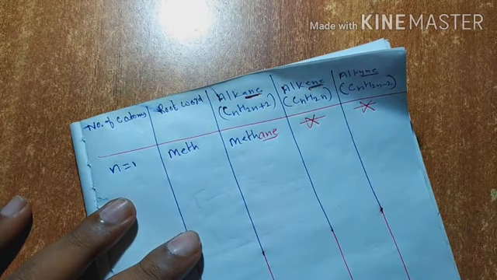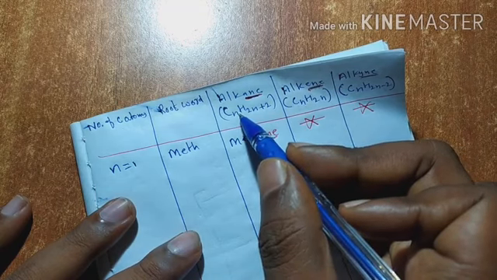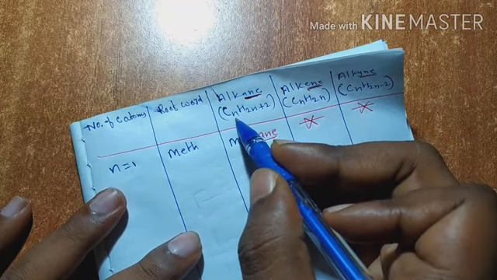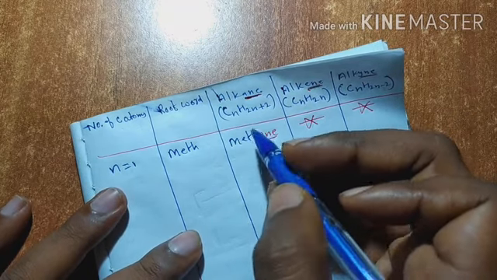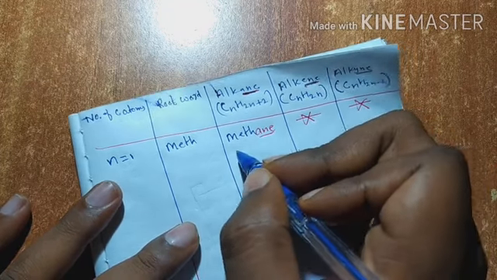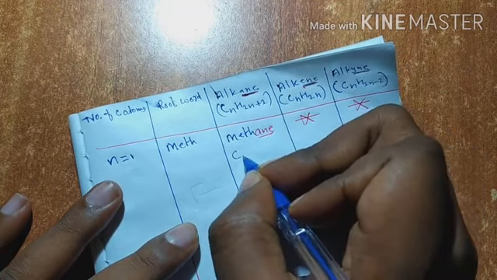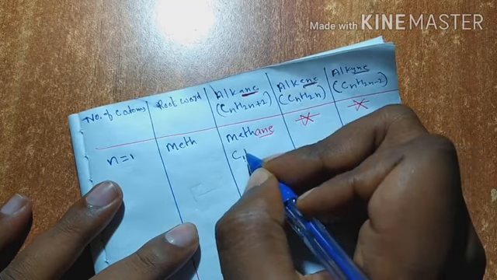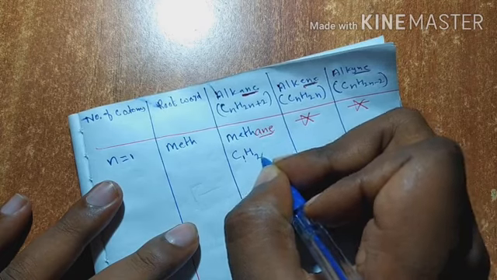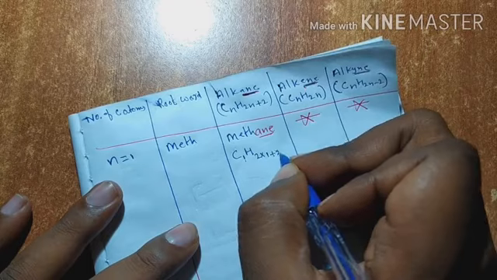And if you want to write the molecular formula of methane, how will you write it? Put n is equal to 1. So the molecular formula will be C, at the place of n you put 1, C1, H, 2 into 1 plus 2, that is 4.